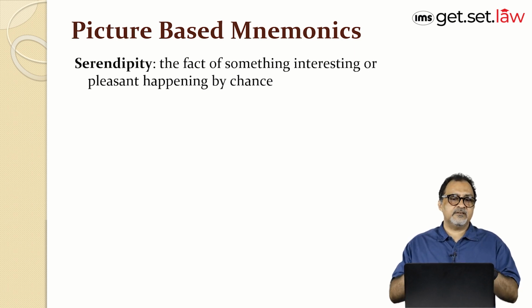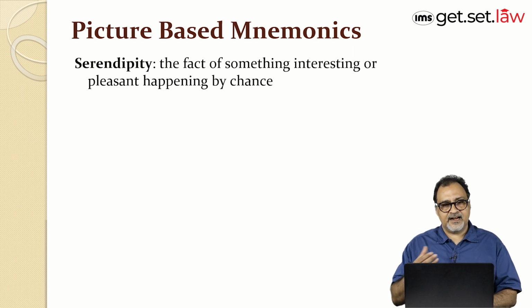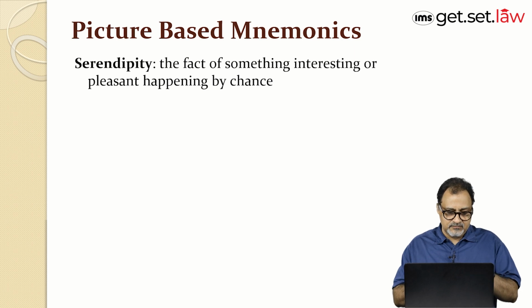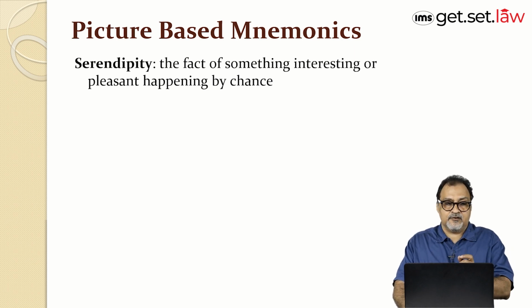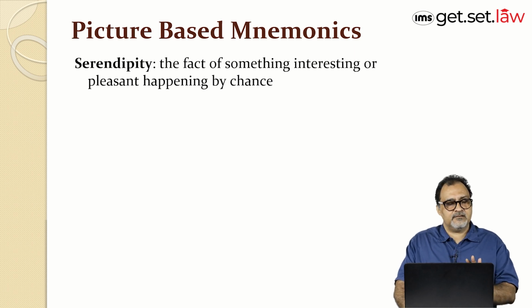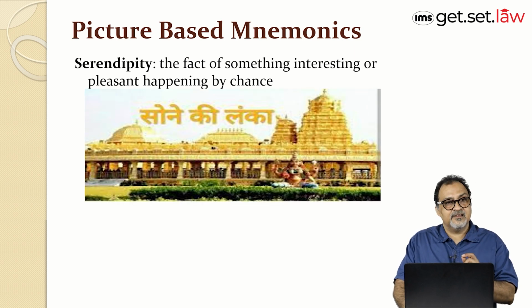They had a flying carpet and they were lucky that they would accidentally find something that would bring them luck, bring them good fortune. So, serendipity, the fact of something interesting or pleasant happening by chance, you are not looking for it, it just happens. Serendipity. Now, how do I remember this word from its origin?